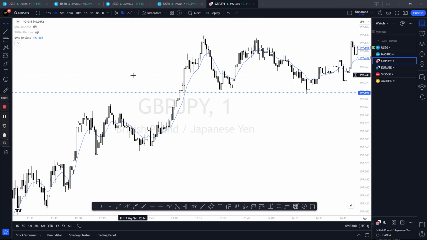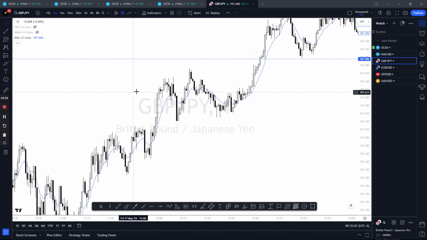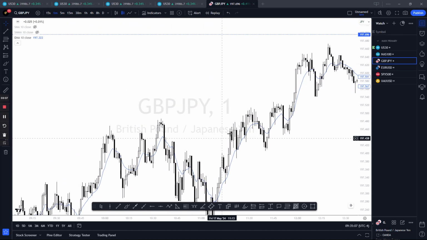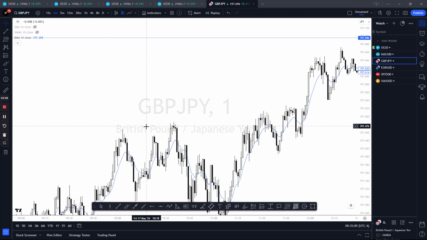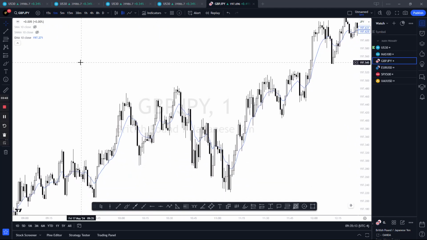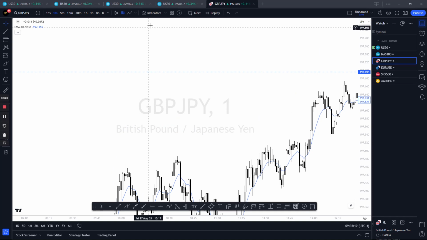So out of these three, from what I've seen throughout a lot of different pairs and through many traders in my own experience to date, exponential is going to be the way to go. So we're going to be looking at moving averages and particularly exponential moving averages the most.